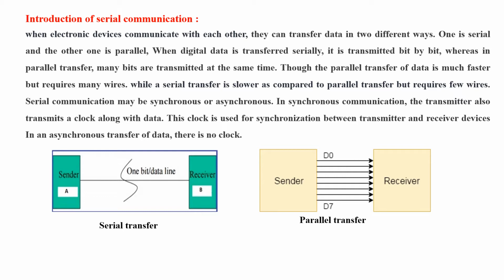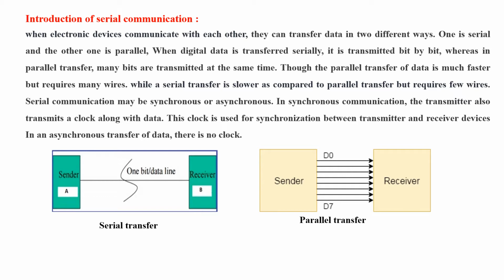When electronic devices communicate with each other, they can transfer data from one source to another, that is, from source to destination. This data is transferred in two different ways: one is serial transfer and another is parallel transfer.